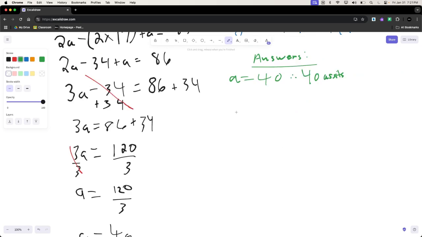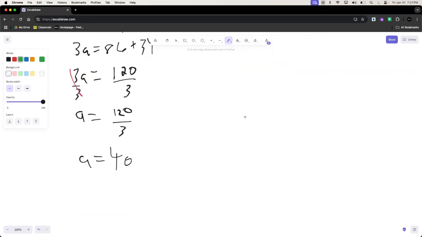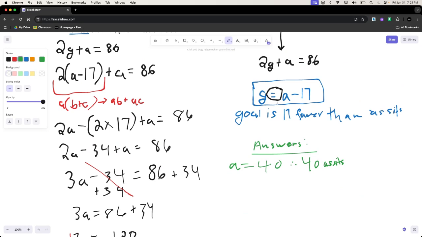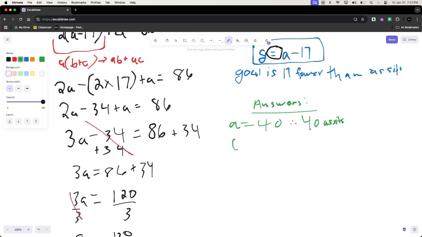Okay? Now, to find out how many goals we have, we can use this relationship. Because remember, goals is reliant on the amount of assists, and we know the amount of assists. So it's just going to be goals, which equals 40 minus 17. And so then goals will equal 23.